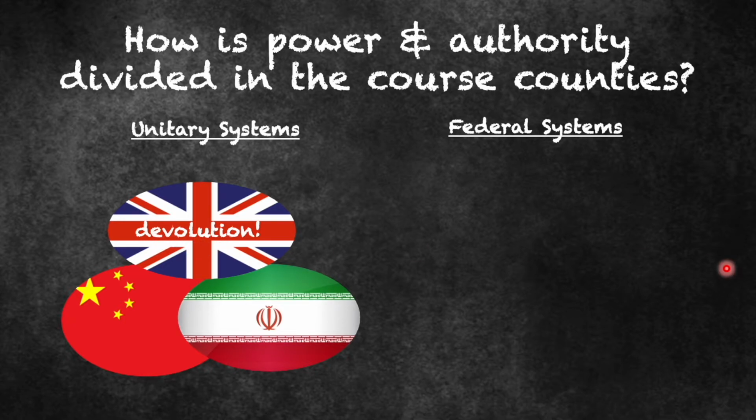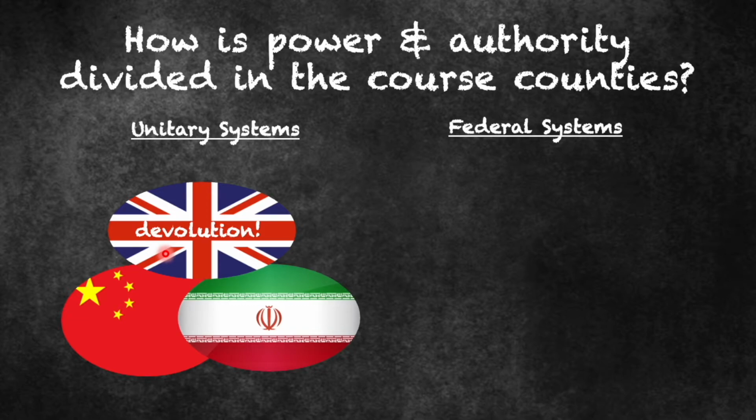This has been quite evident since COVID, as each nation in the UK has had very different restrictions and lockdowns enforced at different points throughout the pandemic. And they have been allowed to do that. So there was a different lockdown with different restrictions in Scotland as opposed to England, Wales, and Northern Ireland.